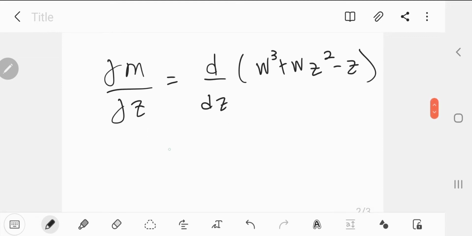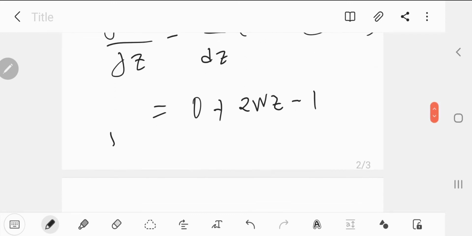So we have the partial derivative of w cubed, which is 0 because it is with respect to z, plus w is considered a constant, so let us solve z squared. The derivative of z squared is 2z, so we have 2wz, and the derivative of z is 1, so we have minus 1. The partial derivative of M with respect to z is 2wz minus 1.